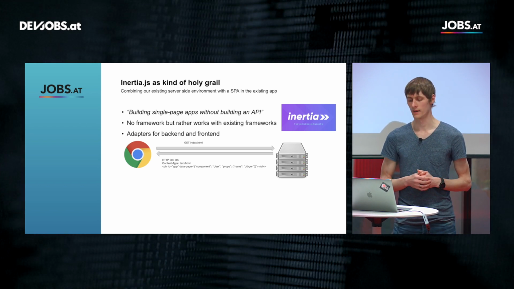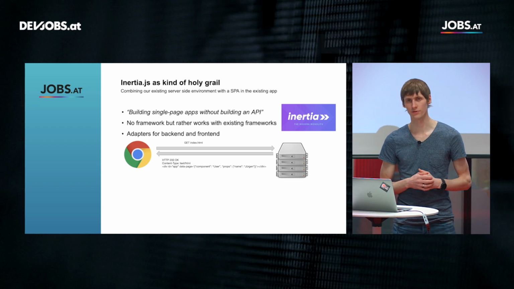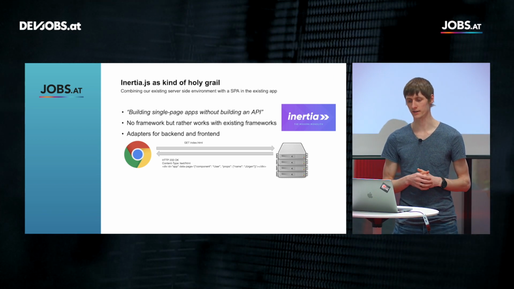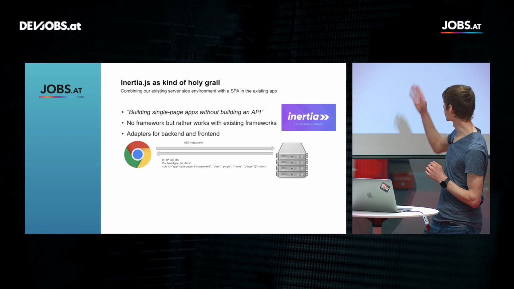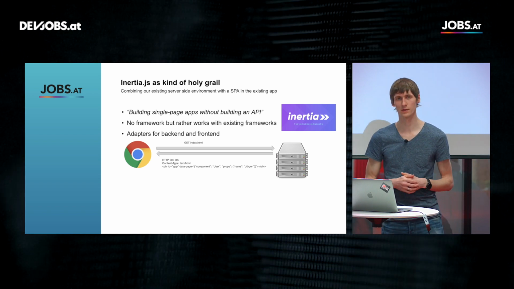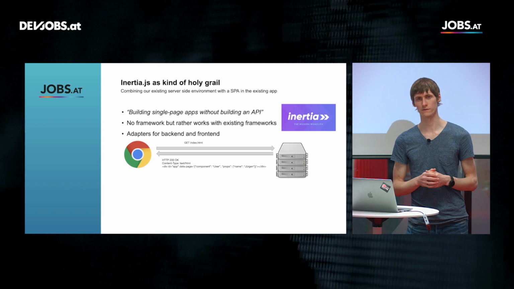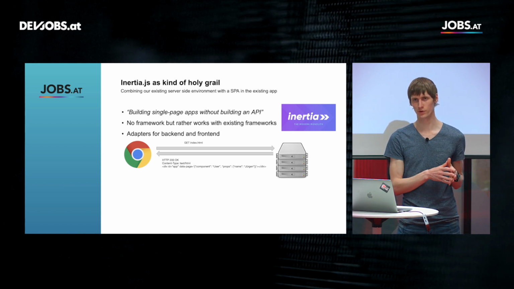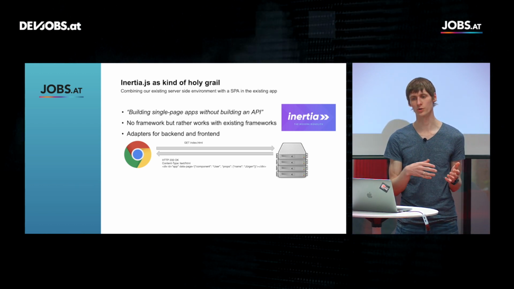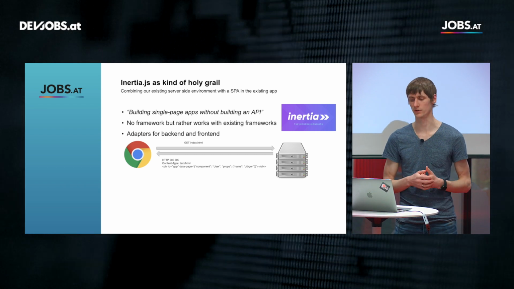The only special thing here, which Inertia already does, is this data-page attribute, which is added to this div. Here it encodes in JSON format which Vue component it needs to render and which properties this component needs.